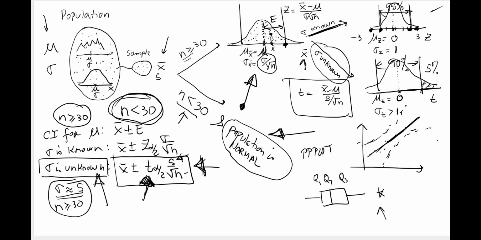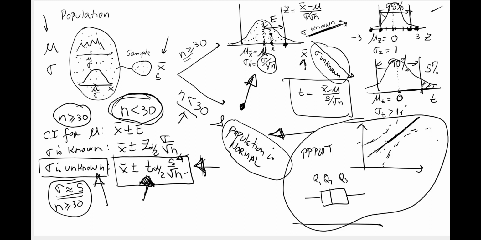Then this graph, the box plot, which you can also obtain from StatCrunch, must not have outliers. After you verify that the population is normal using either of these two procedures, then you can use this mathematical model, the t-distribution, and those are the most important concepts in this chapter.